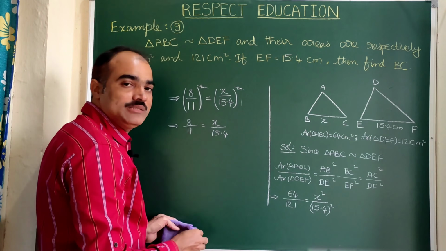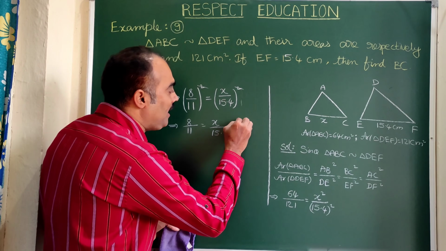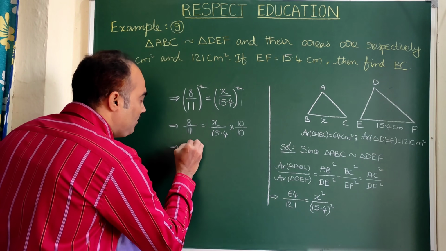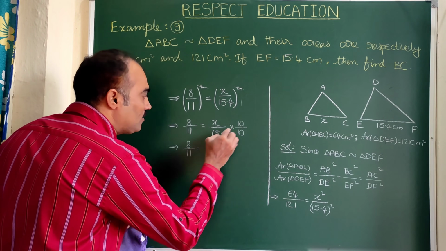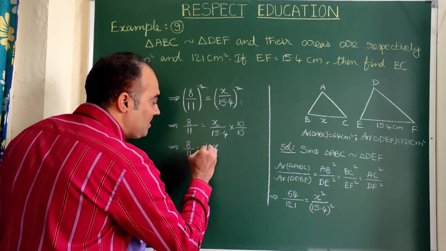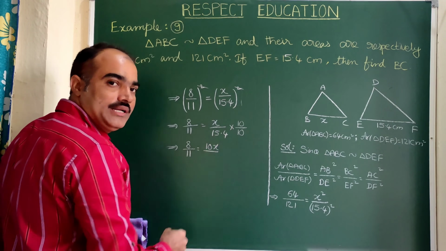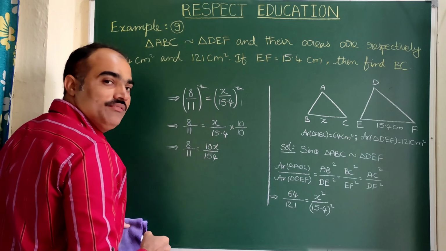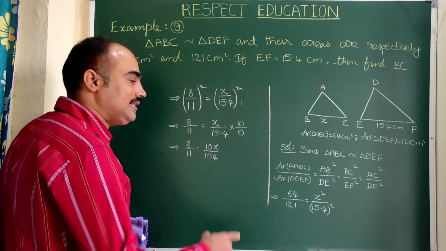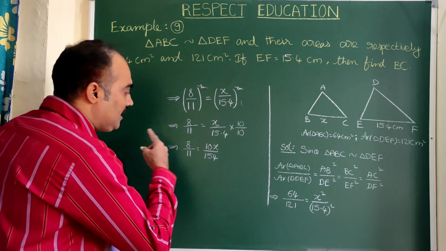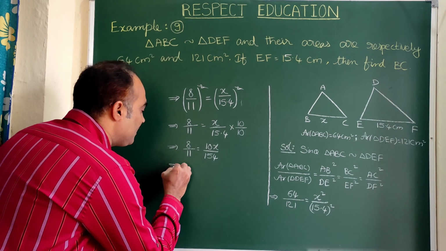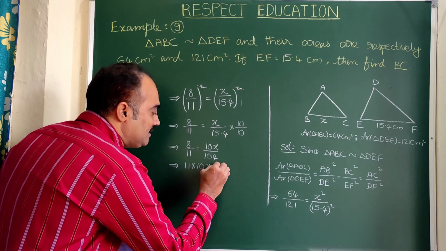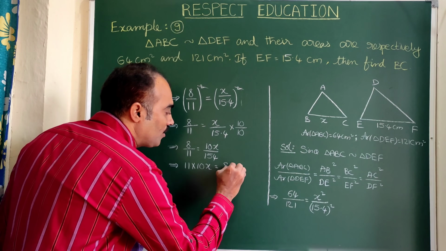To remove this decimal value, I multiply and divide by 10. Right. Now it becomes 8 by 11 is equal to 10X by 15.4 into 10, which is 154. To remove this decimal value, I multiplied by 10, and at the same time I divided. So let us do cross multiplication. 11 into 10X is equal to 8 into 154.